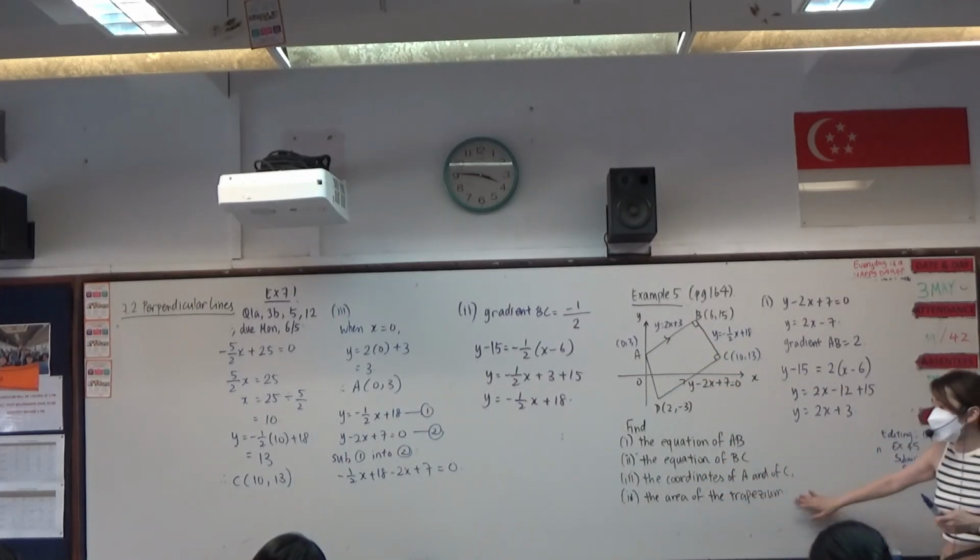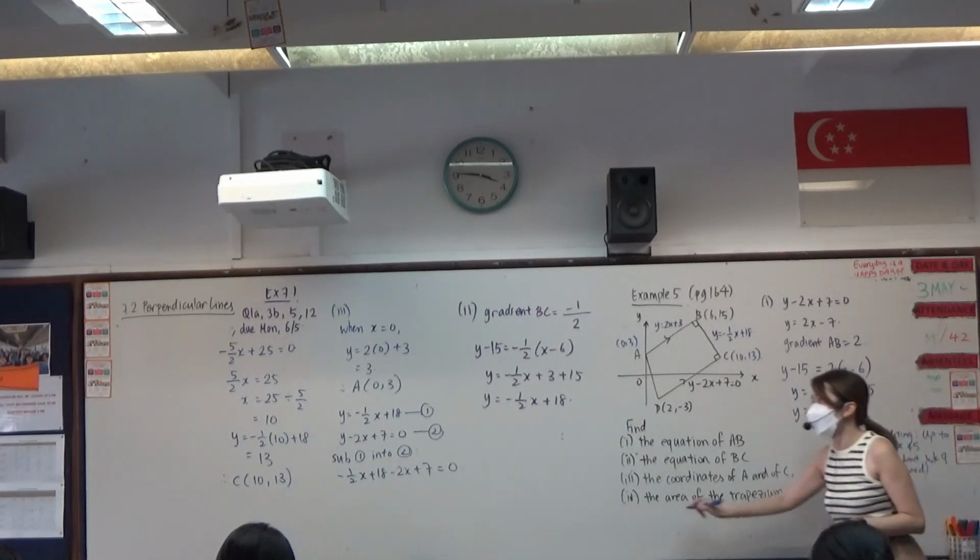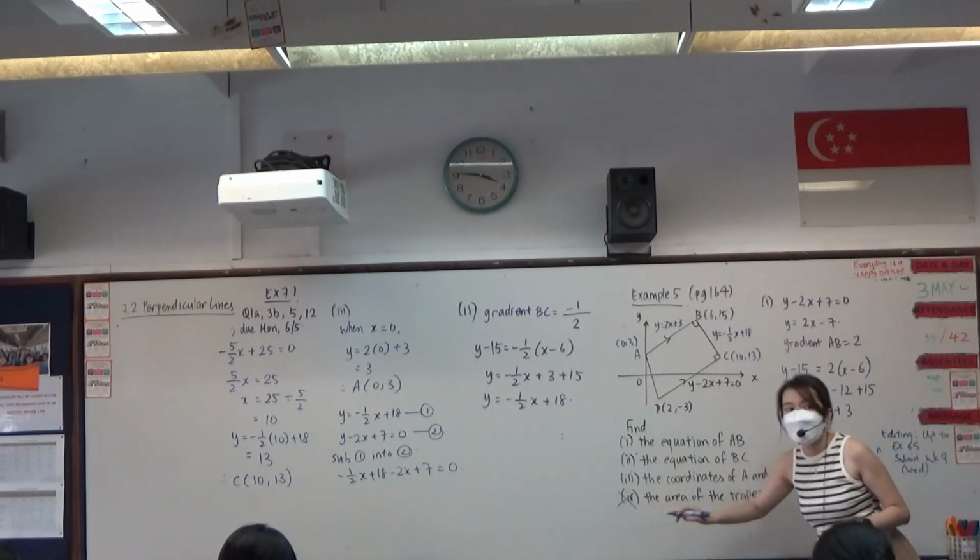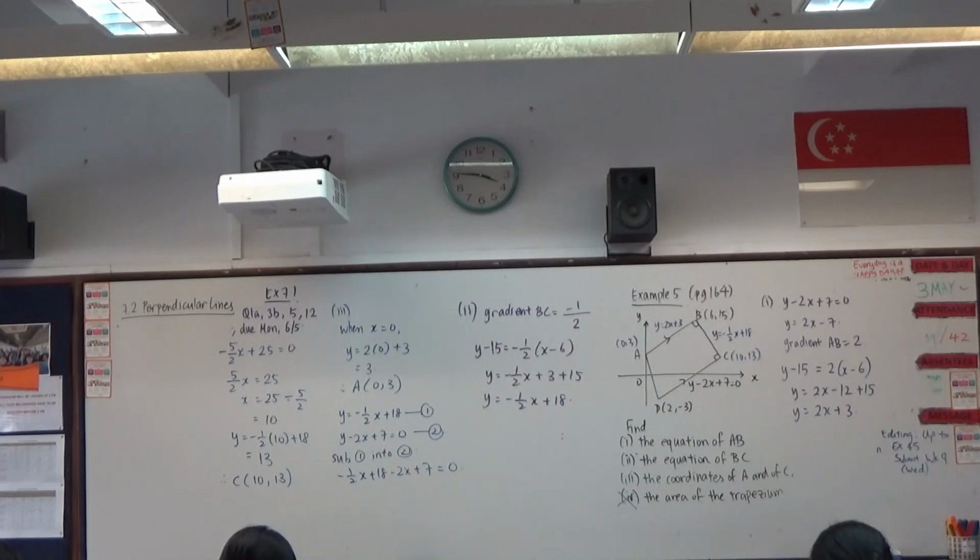I will not pursue part 4, because once we arrive at chapter 7.4, we have a much simpler formula that will help us calculate this area in an easier manner because we have coordinates.